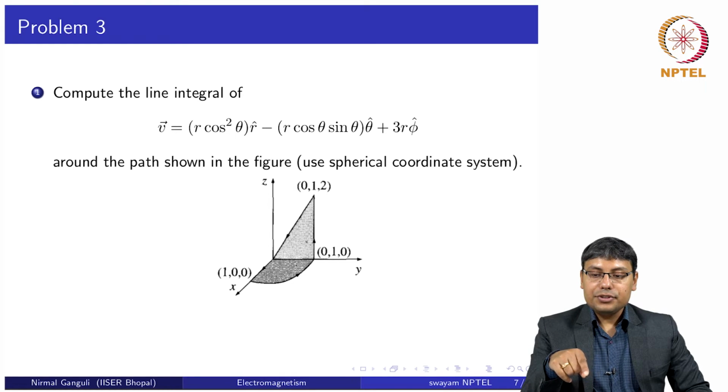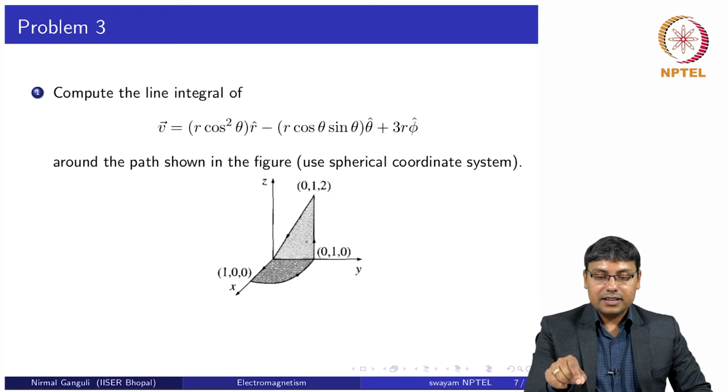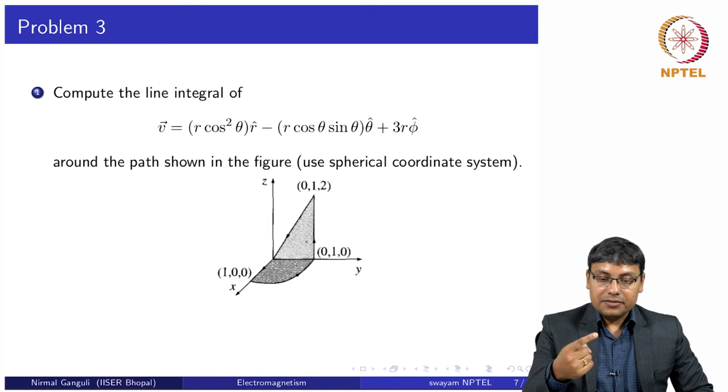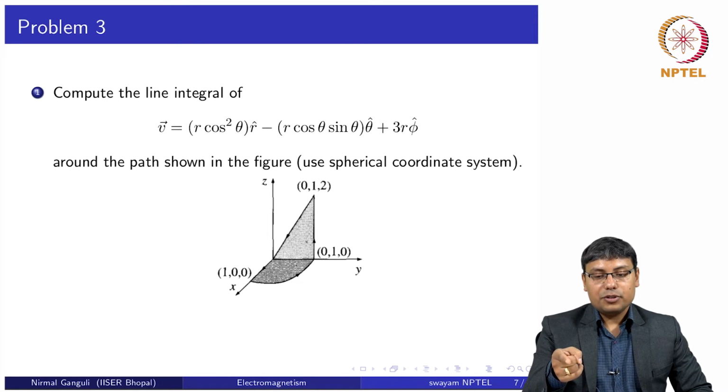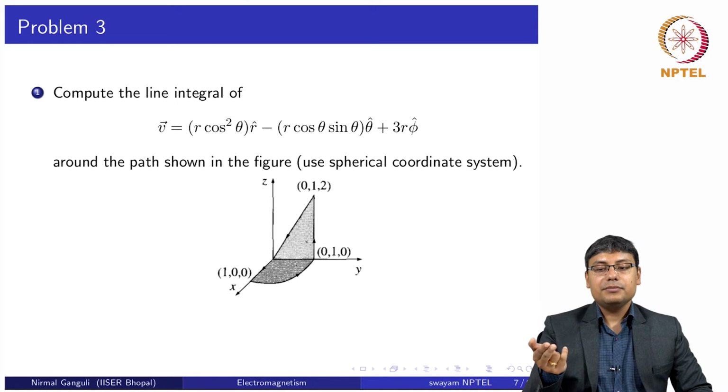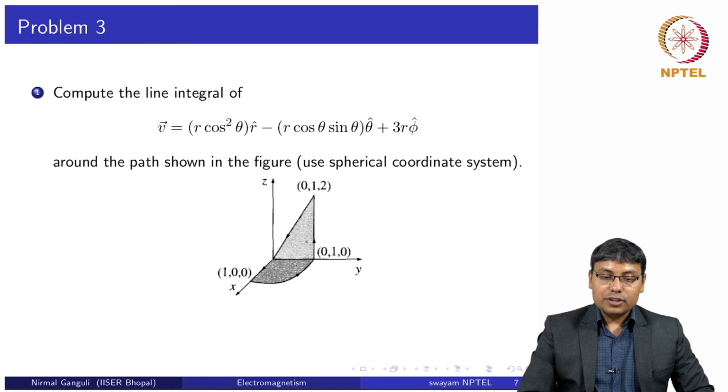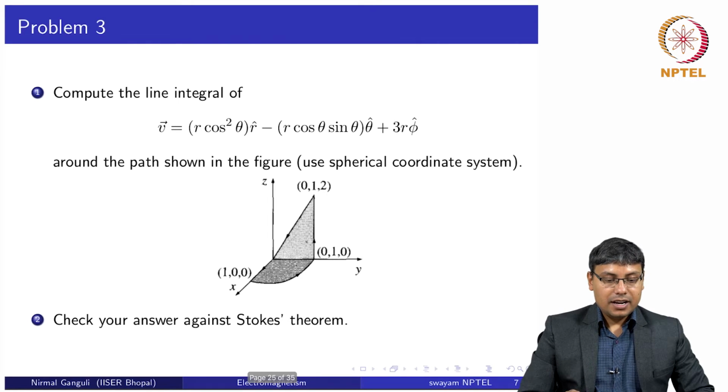You are supposed to use spherical coordinate system, although the path is shown in Cartesian coordinate system, and the coordinates that are given for different points in this diagram are also in Cartesian coordinate system. Because the vector field is given in spherical coordinate system, it will be much easier to convert these coordinates into spherical coordinate system and perform the line integral over the shown direction.